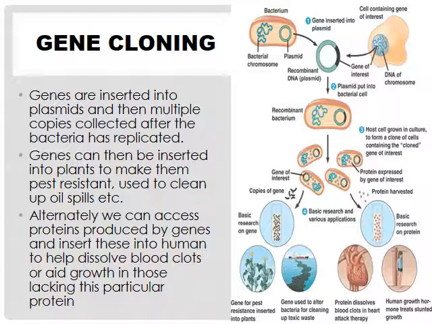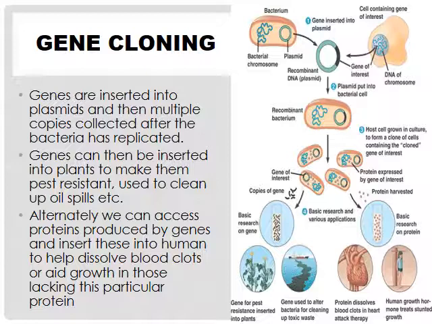The other effective thing with gene cloning is not only are we getting another copy of the gene of interest each time one bacteria cell undergoes binary fission, but plasmids themselves, as you might recall, can also self-replicate.